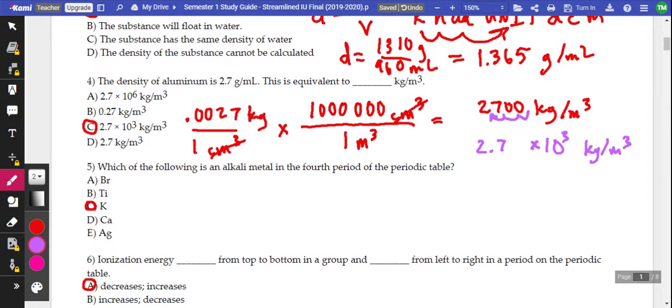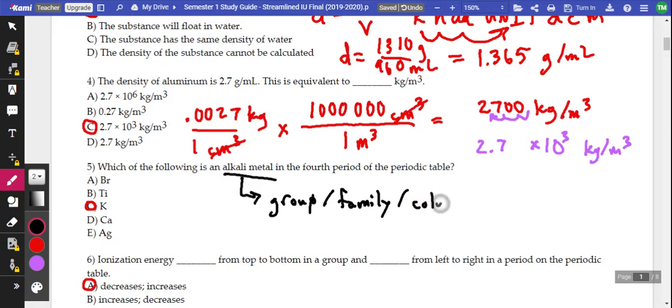All right. Which of the following is an alkali metal in the 4th period of the periodic table? Well, alkali metal is just talking about a certain group on the periodic table. A group is another name for a family, which is another name for a column, which goes up and down on the periodic table.